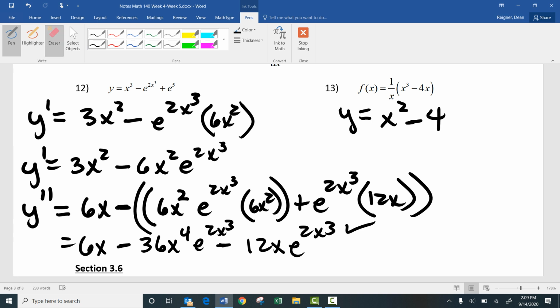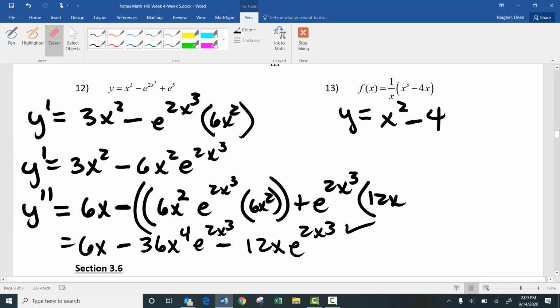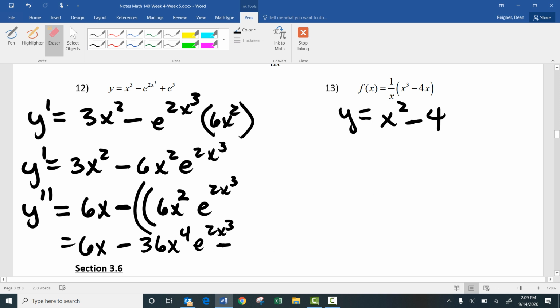Since you did that, this one turns into a very simple problem. The first derivative, y prime: the derivative of x squared is 2x. The derivative of negative 4 is 0. So now y double prime is really easy. The derivative of 2x is just 2, and you're done.